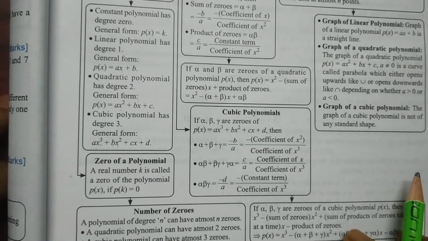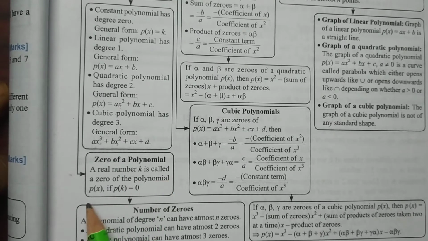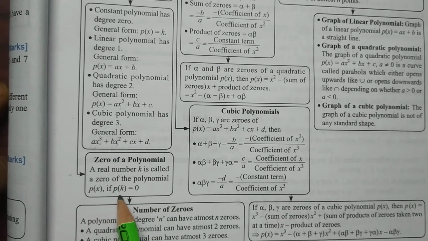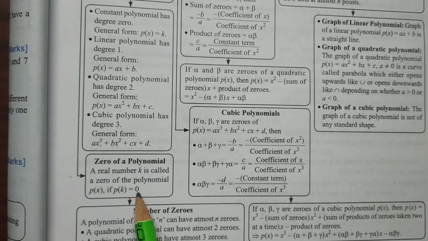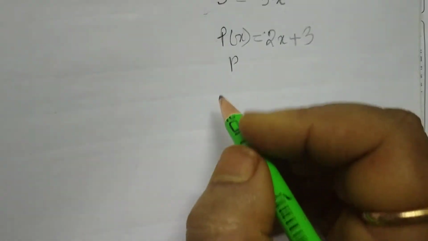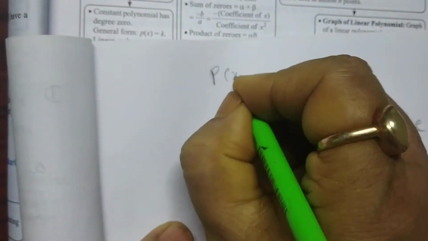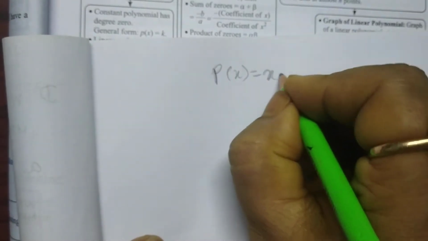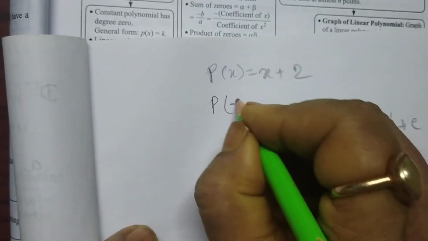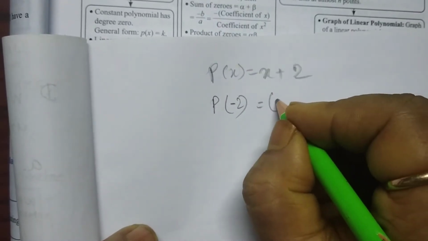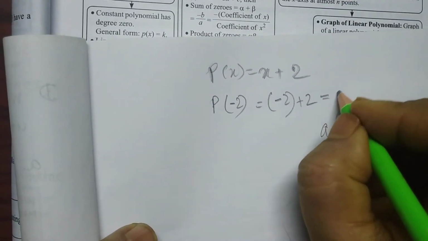Next, zero of a polynomial. A real number k is called a zero of a polynomial p(x) if p(k) = 0. Suppose we take the polynomial p(x) = x + 2. Now if we put x = -2, then p(-2) = -2 + 2 = 0.